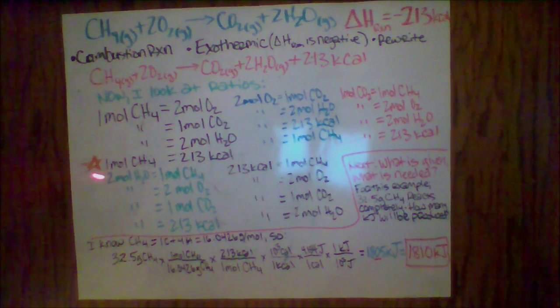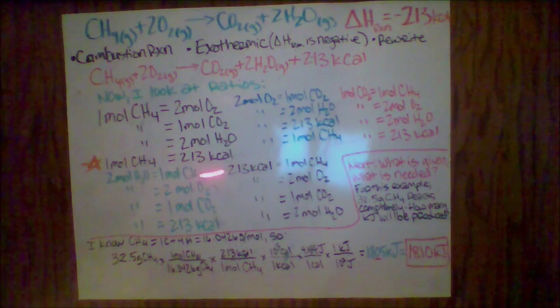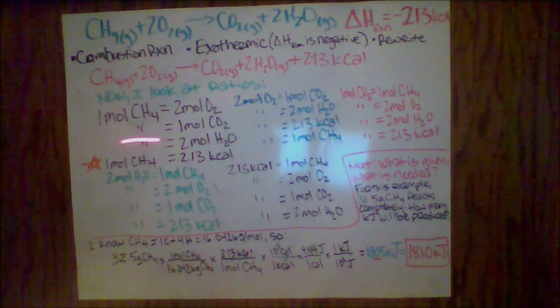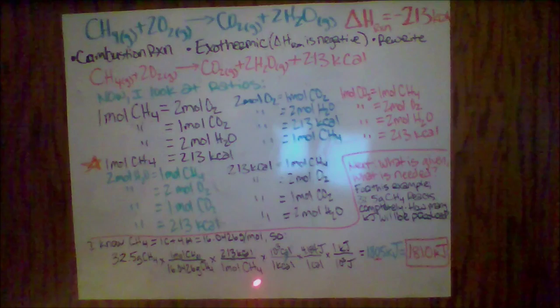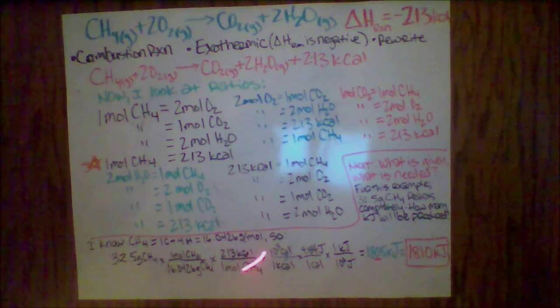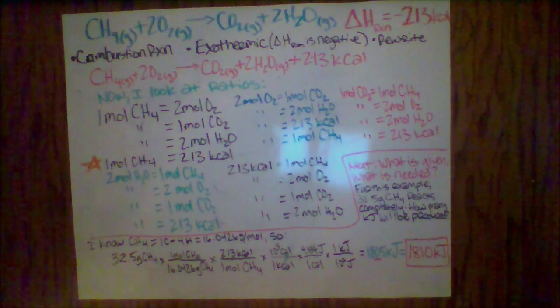And you notice I put a star right next to this. That's because that's the one I'm going to be using. This is the mole ratio I'm going to be using right here. 213 kcal for every 1 mole of CH4. So now I'm in kcal.